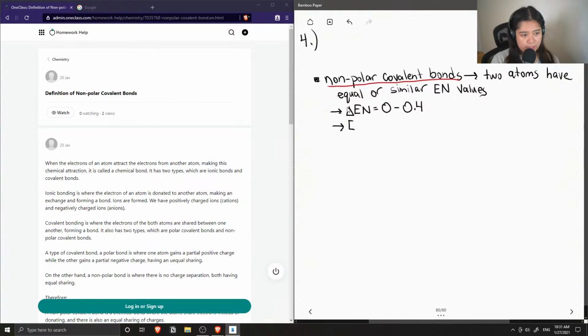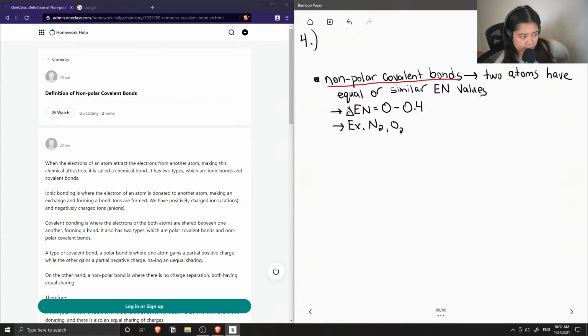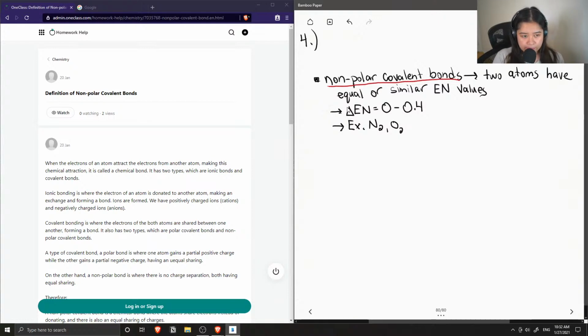Okay, so some examples of nonpolar covalent bonds would be diatomic gases such as N2 or O2. Obviously, since you have two of the same atom bonded together, they will have the same electronegativity. So they just have a difference in electronegativity of 0.